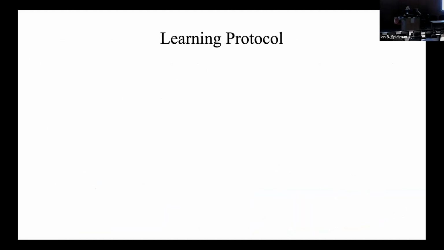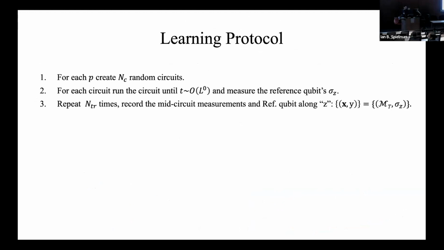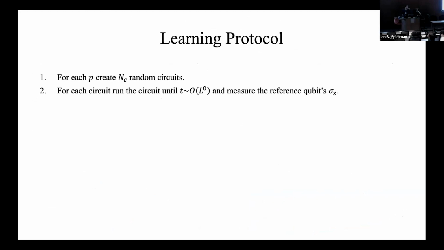More concretely, the learning protocol is as follows. For each circuit and each measurement rate, first we need to create a number of random circuit configurations. For each configuration, we run the circuit until a short time. It actually doesn't need to scale with the system size.